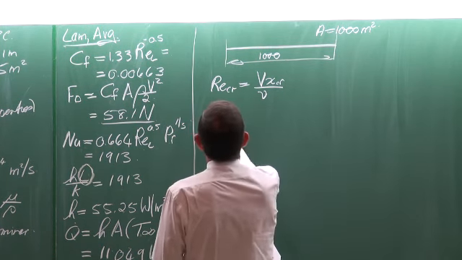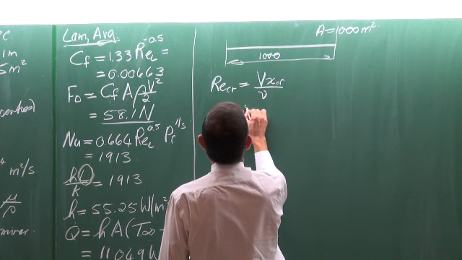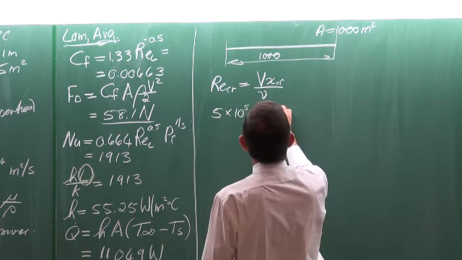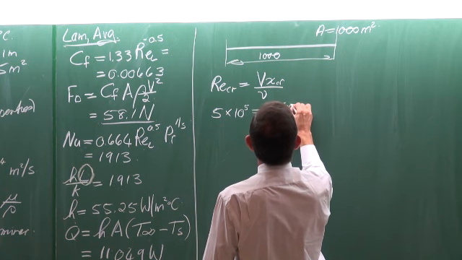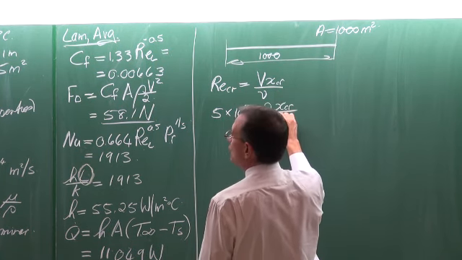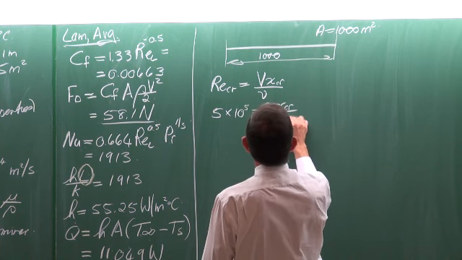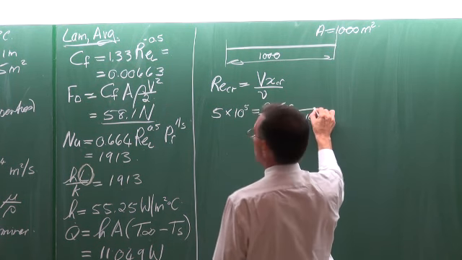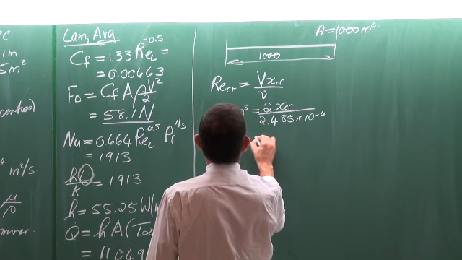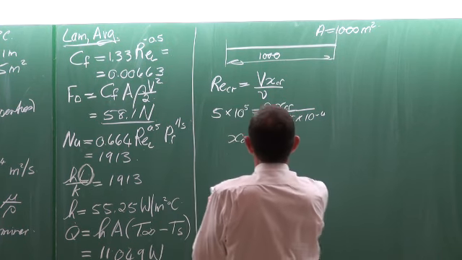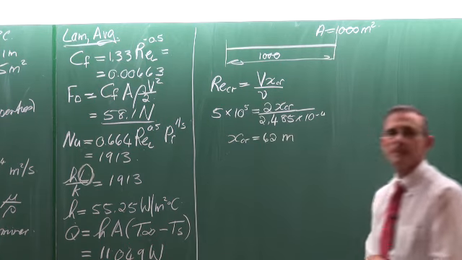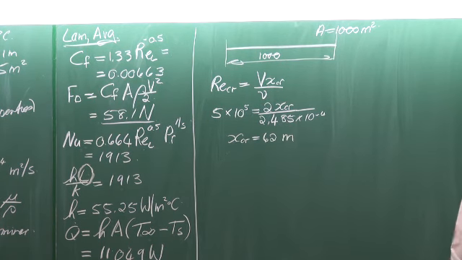That would be 500,000. It's equal to the velocity, which is 2, multiplied by x critical divided by the kinematic viscosity, 2.485 multiplied by 10 to the minus 4, and it gives us a critical length of 62 meters. 62.13, something like that.